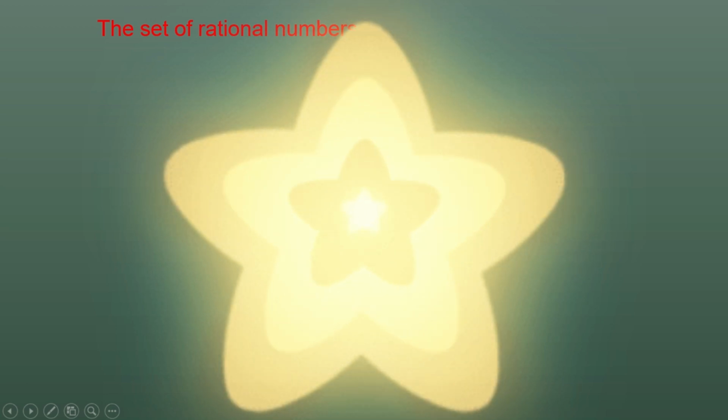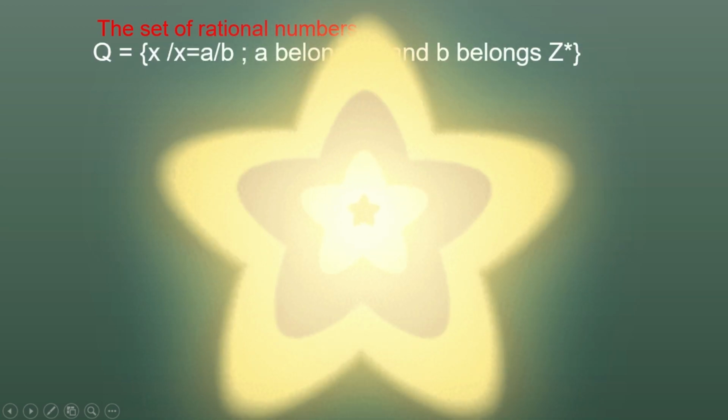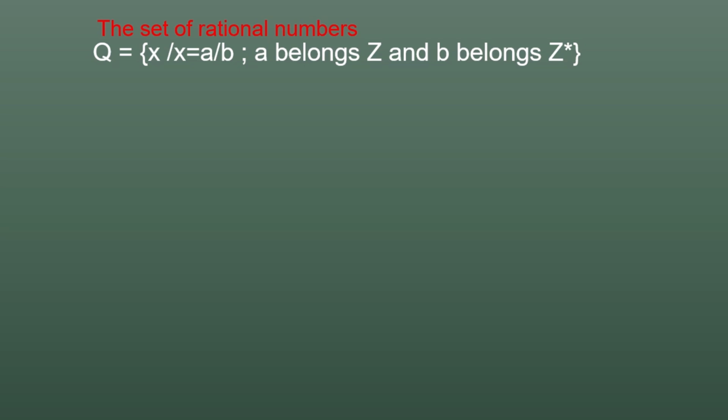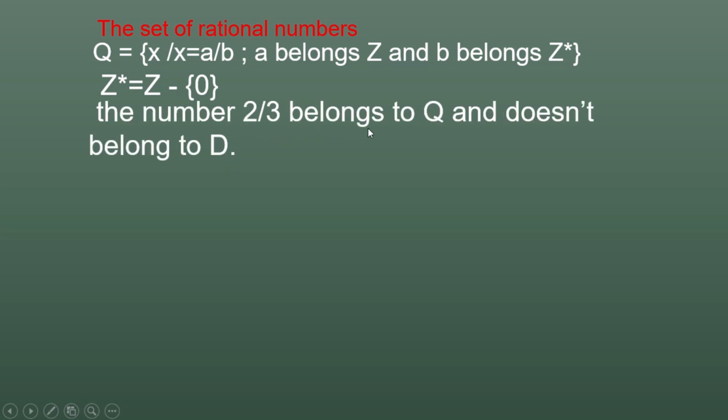The set of rational numbers, Q, is x equals A over B, where A belongs to Z and B belongs to Z star. Z star means Z except 0. The number 2 over 3 belongs to Q because it has the form of a fraction.